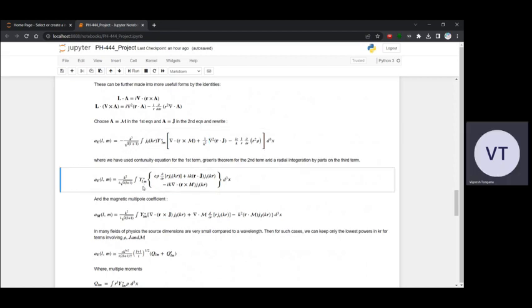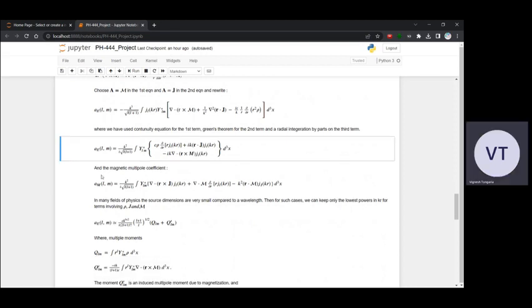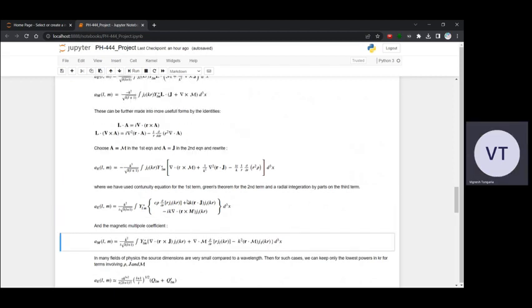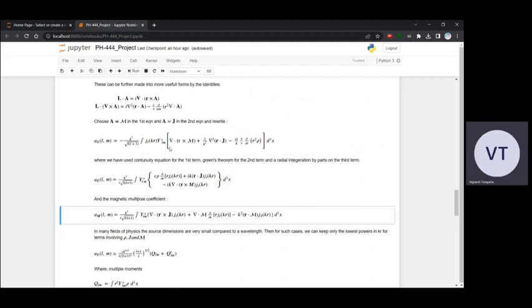So simplifying all, we can calculate the multipole coefficient for the electric multipole, and similarly for the magnetic multipole we can find the value by doing the same process as above.